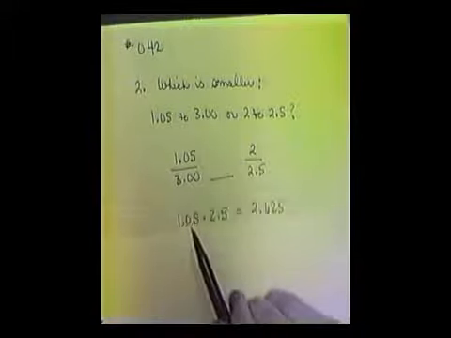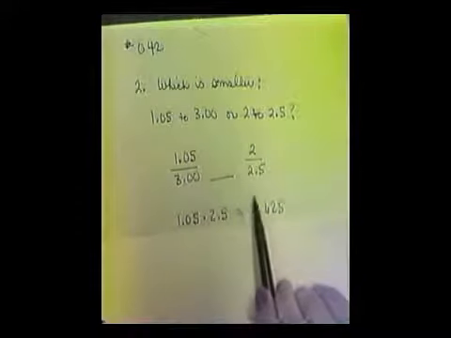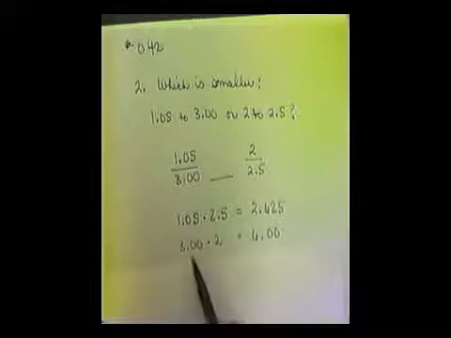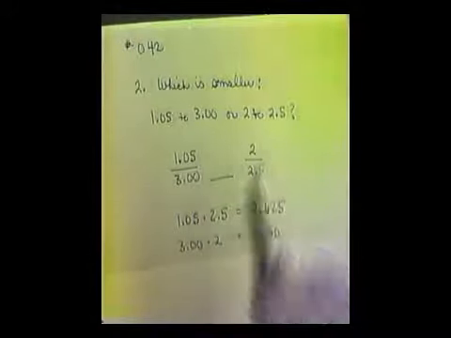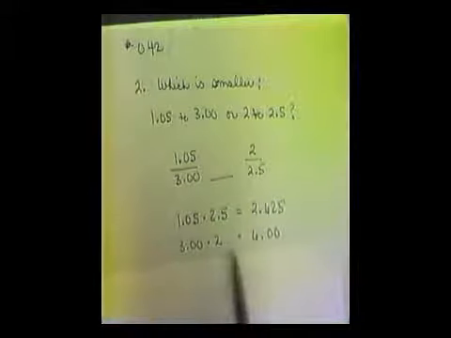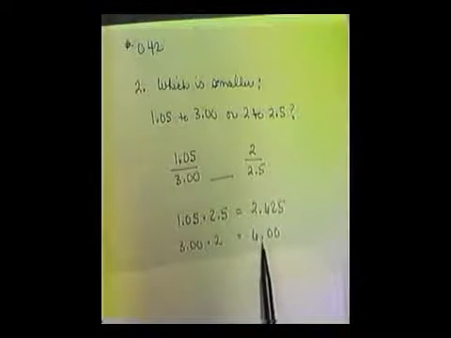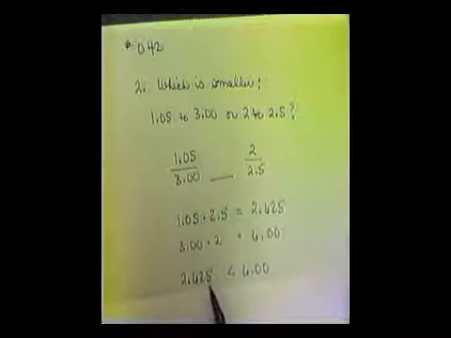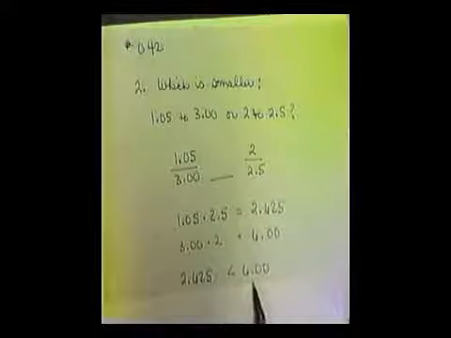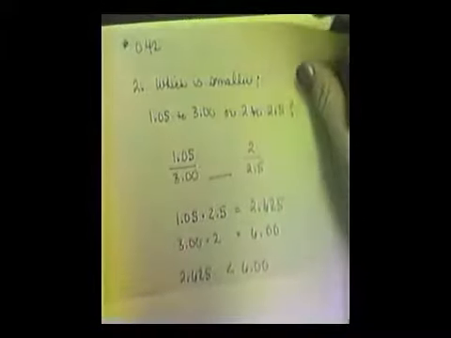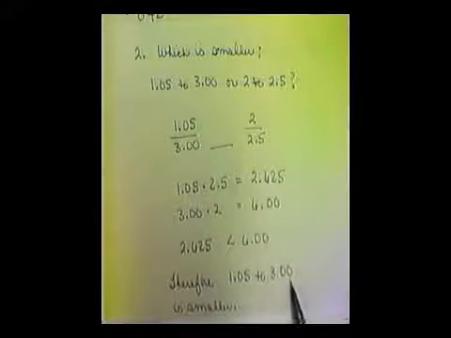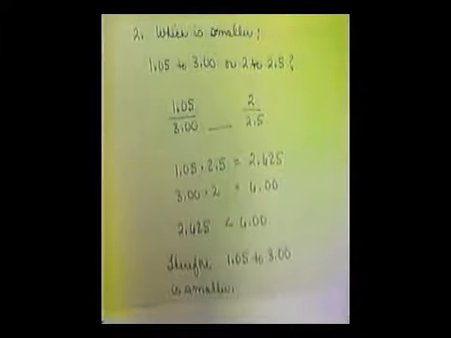We want to multiply 1.05 times 2.5, which gives us 2.625. Then we want to multiply 3 times 2, which gives us 6. And we notice that the first ratio, 2.625, is less than 6. Therefore, 1.05 to 3.00 is the smaller.